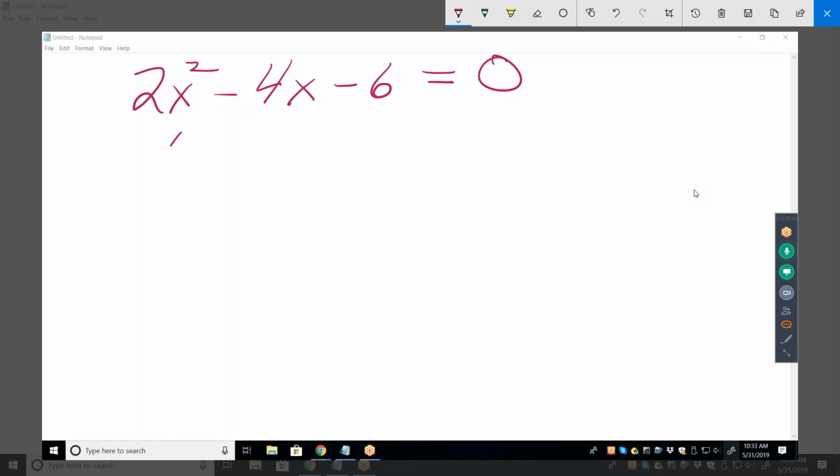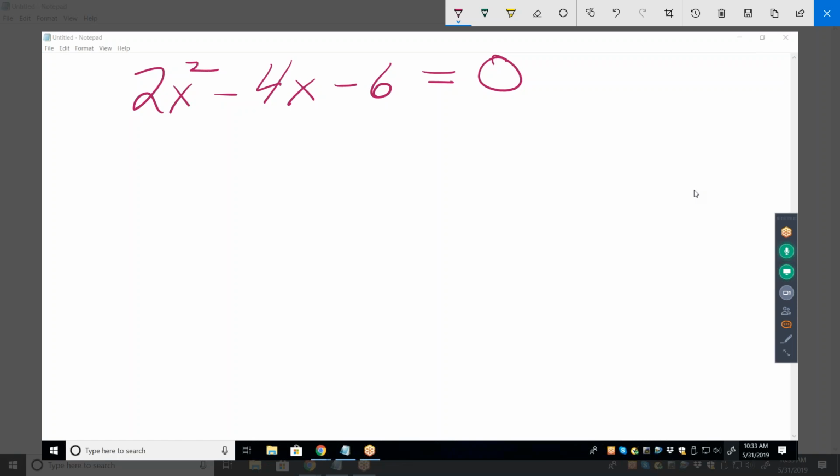So what we're going to do is factor it into two linear terms, and then we can set each term equal to 0, because the only way two terms multiplied together are equal to 0 is if one of them is equal to 0. In other words, I cannot solve that quadratic right now. I don't know how to do it. But if I can get it to be the product of two things, then I can do it.